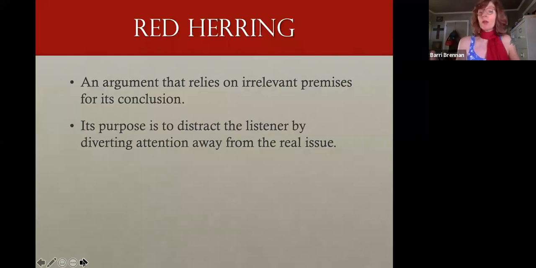Now, there are radical environmentalists that do that, but generally speaking, a lot of times they get labeled as eco-terrorists when they're not doing anything. The idea of terrorism is to make people afraid, and that's not their act. Their act is to make people aware. So that's like a red herring fallacy.